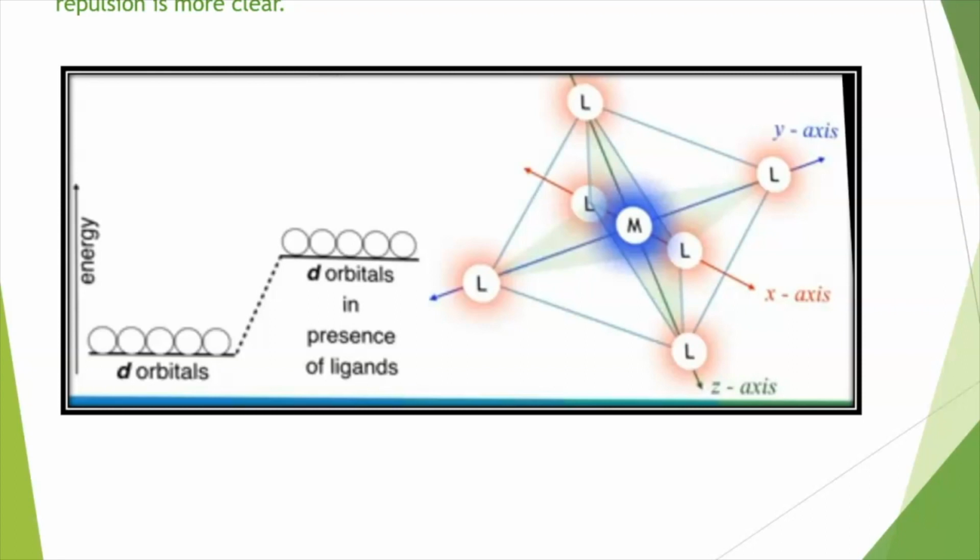The splitting of the 5 d orbitals into Eg and T2g energy levels by the approaching ligand is called crystal field splitting, which is the major feature of the crystal field theory. The energy difference between Eg and T2g levels is denoted by delta O or 10 Dq and is called crystal field splitting energy in octahedral geometry.